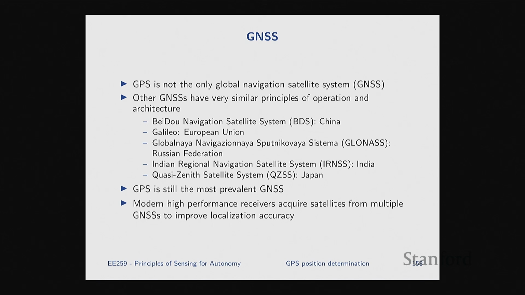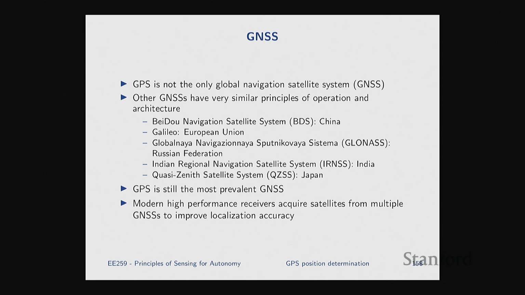That's that. And then the final remark is that GPS is only one implementation of what we call a global navigation satellite system, or GNSS. There are many different versions. China has its own, called BeiDou. The European Union has Galileo. Russia has GLONASS. Japan has its own. India has its own. So there are other systems that do navigation and localization using satellites.